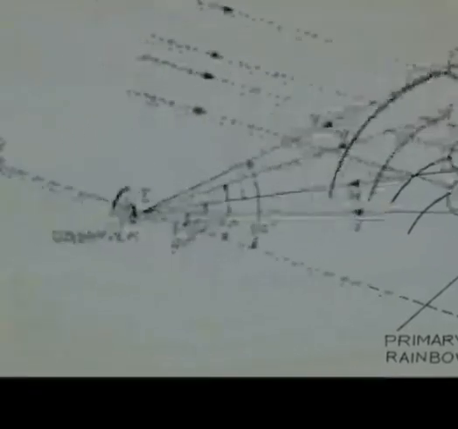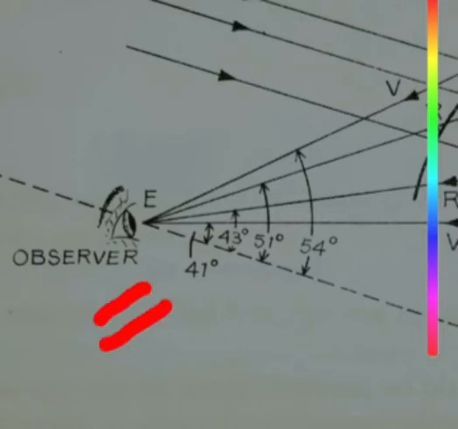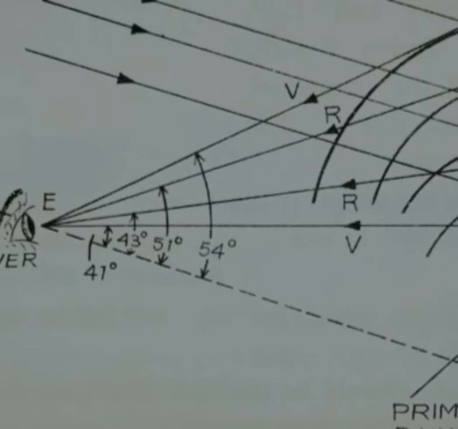If the observer over here is observing towards such arcs, there are different angles formed with respect to the observer to these arcs. These angles are called the semi-vertical angles. Can you see these angles? These are all angles 41, 43, 51, 54. These are all semi-vertical angles which are formed with respect to the observer.